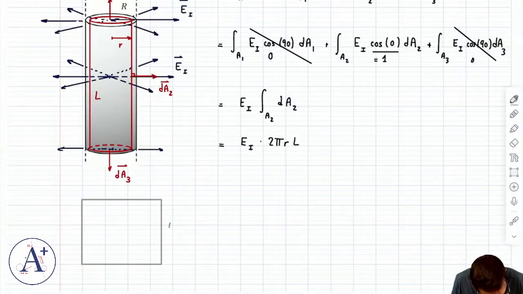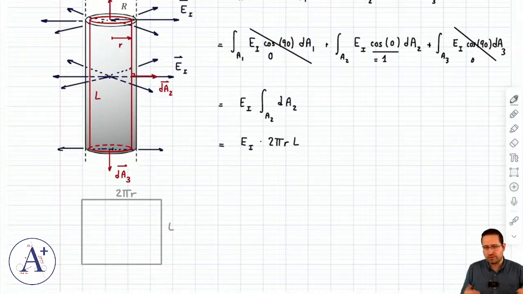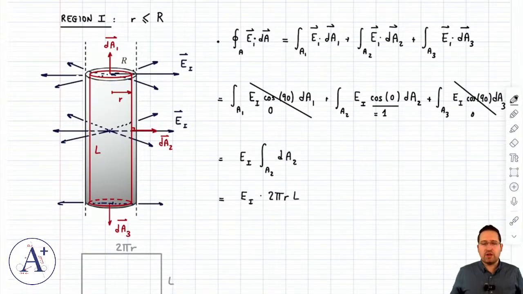You get a rectangle that has a length L, and then this side here is going to have to wrap back around into a circle of radius little r that's going to be 2 pi little r. Now we have a rectangle with side lengths 2 pi r and L, therefore the surface area is 2 pi r L.